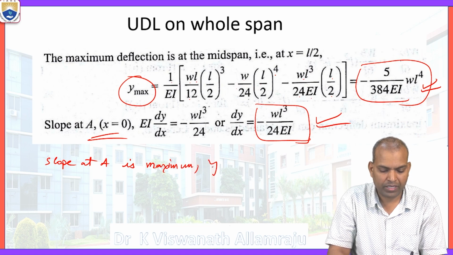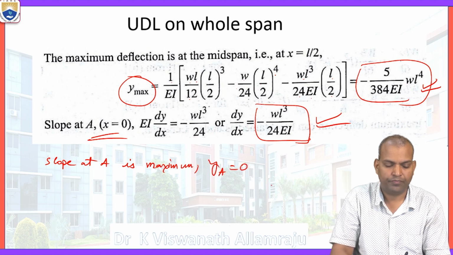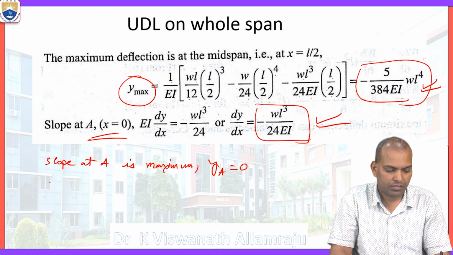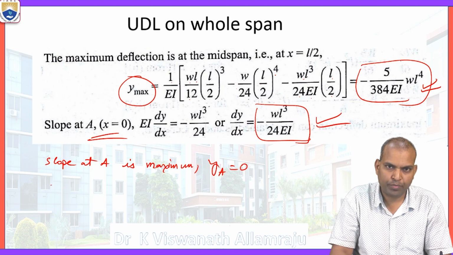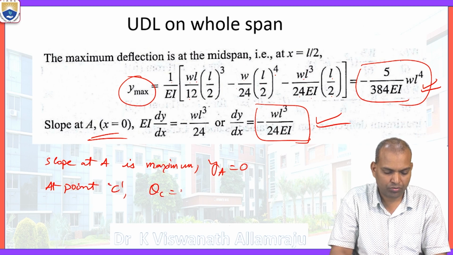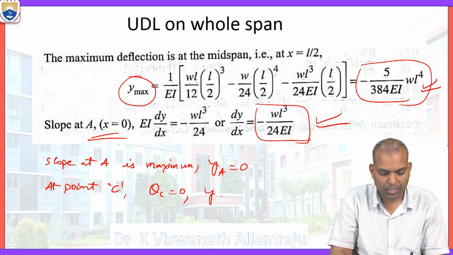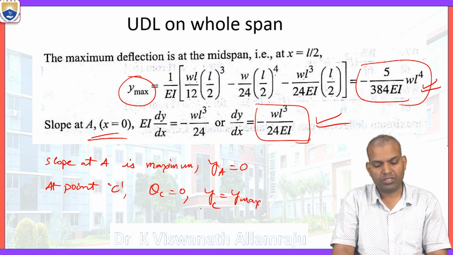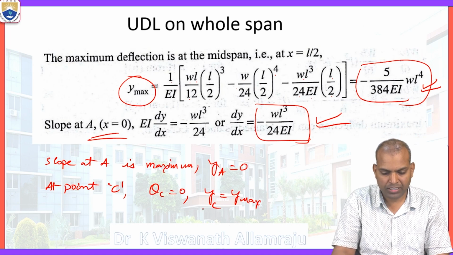What about the deflection at A? yA equal to 0. And deflection is maximum where? At the midpoint, at point C, theta C equal to 0, the slope is 0, and y becomes y maximum. So these are the maximum slope and maximum deflection we calculated.